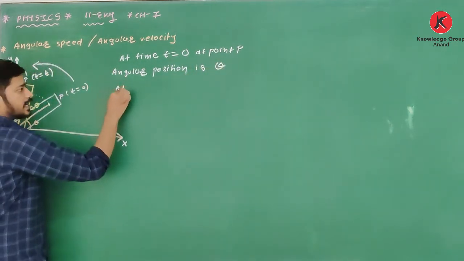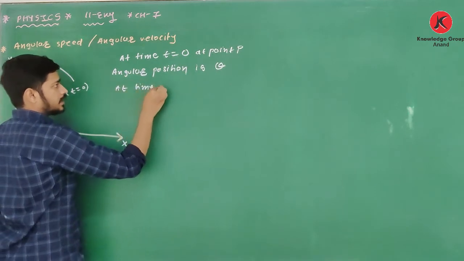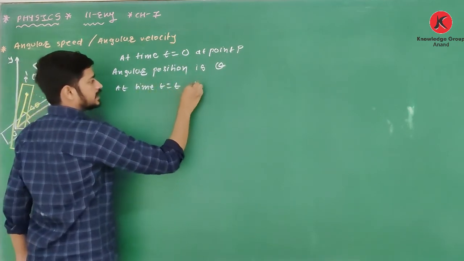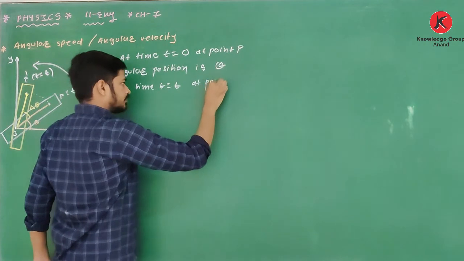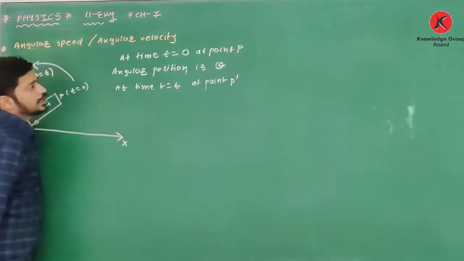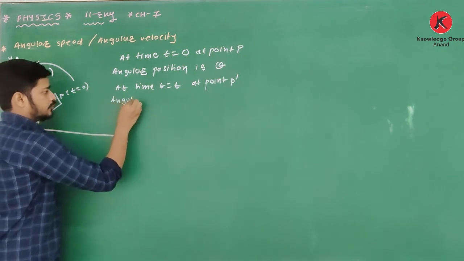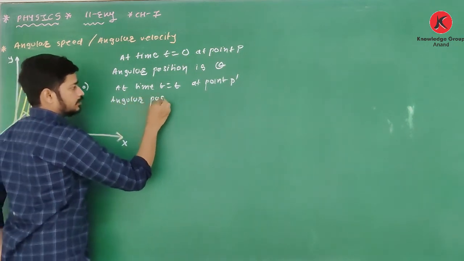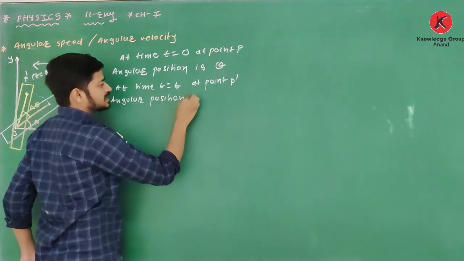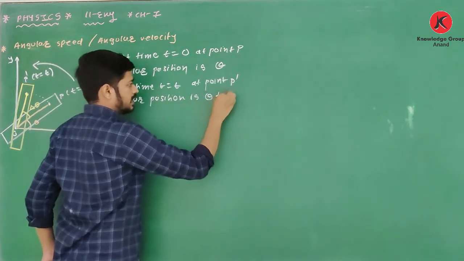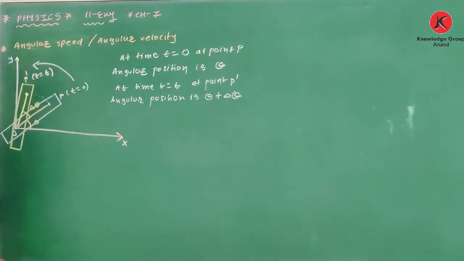Similarly, at time t equal to t, at point P dash, the angular position is theta plus delta theta.